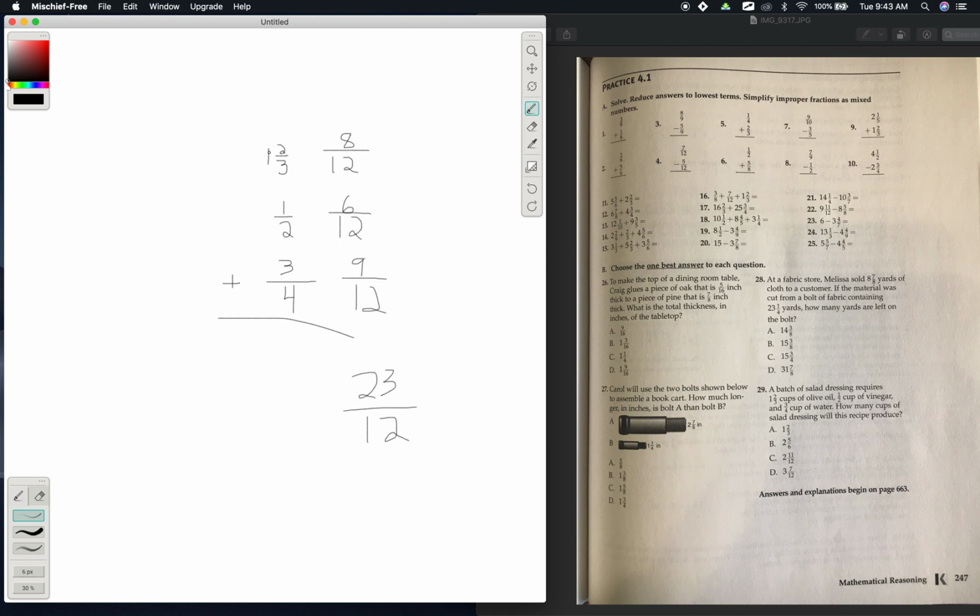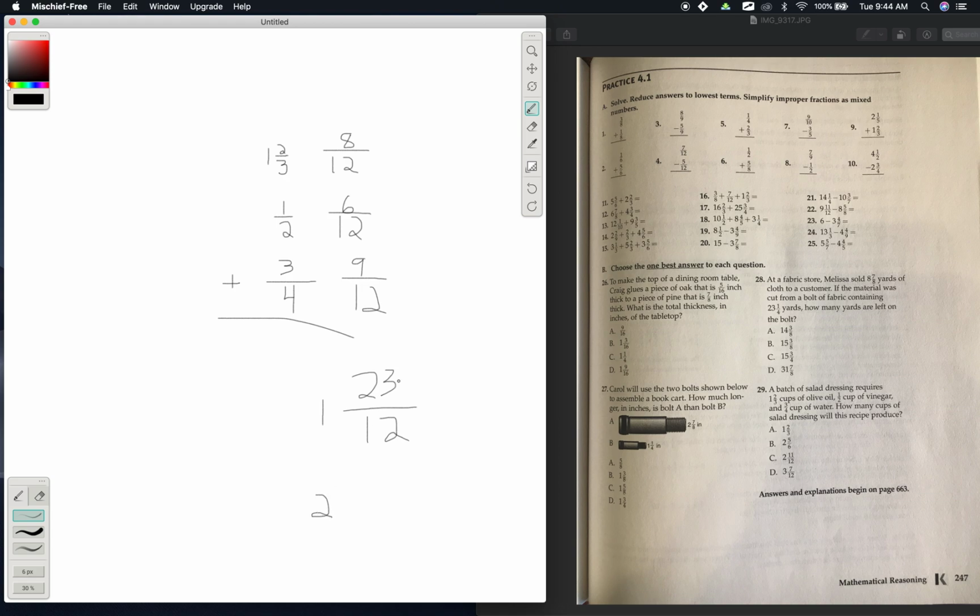Plus we have the 1 here, so we'll bring the 1 down. Okay, so we have to look at this. Since the numerator is larger than the denominator, we know we have an extra whole number we can add to here. Okay, we'll make this a 2.